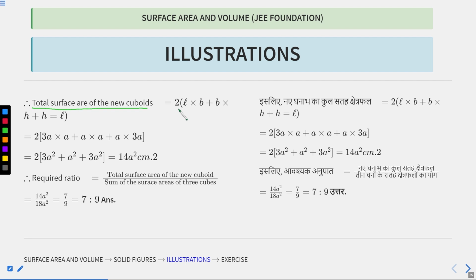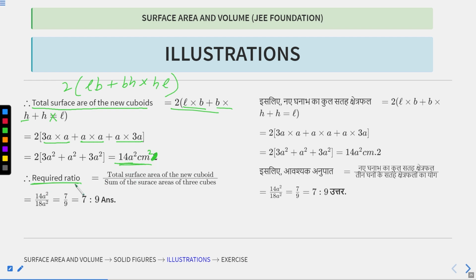If you recall, the surface area is 2 times (lb + bh + hl), and we have all the values. So 3a times a plus a times a plus a times 3a gives me 7a square, so 14a square. So the total surface area is 14a square centimeter square.